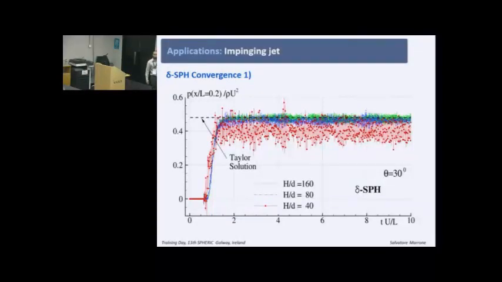So we are putting more and more particles in our jet, and we can see that for the coarsest resolution we still observe some noise in the pressure due to the low discretization, but this converges quite quickly to the analytical solution.